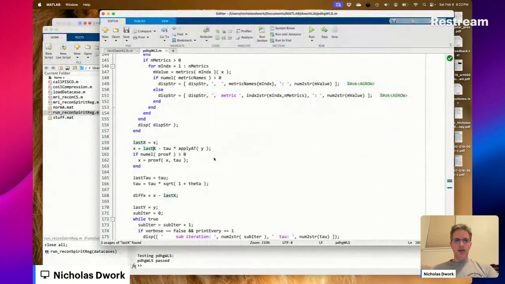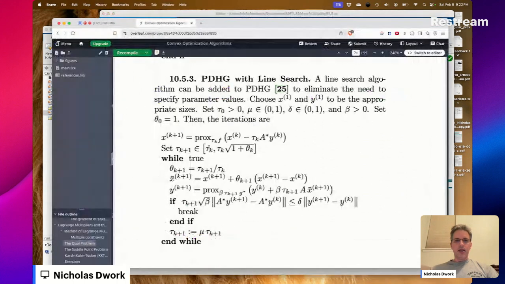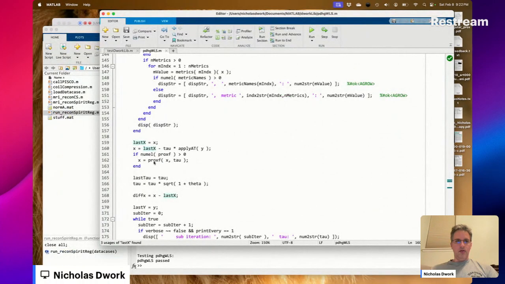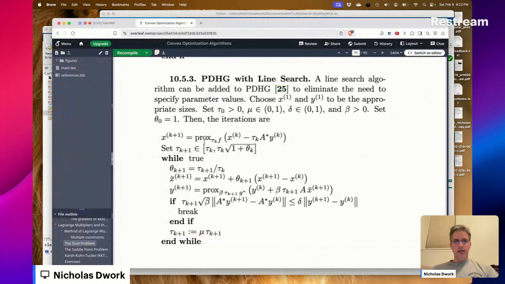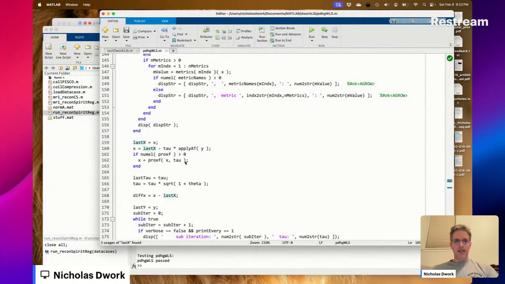Okay, that seems right. And then if we don't pass in a proximal operator for f, we're assuming f is just the zero function and the proximal operator returns the identity. Okay, so then we get prox of tau f. Prox of x, this input, tau. Yeah, that's the scalar that we're multiplying f by. Yeah, tau, okay.